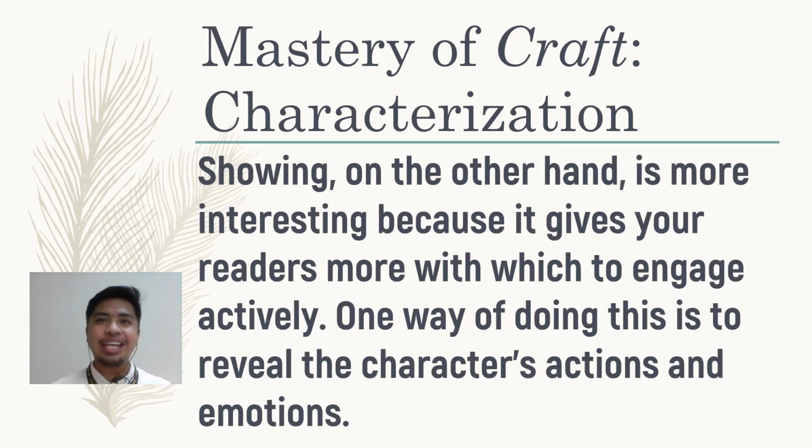Now, showing the character, on the other hand, is different. Okay, showing a character would be more interesting because it gives your readers more chance to engage actively. Okay, one way of showing the character is by revealing his or her emotions or actions in the story.